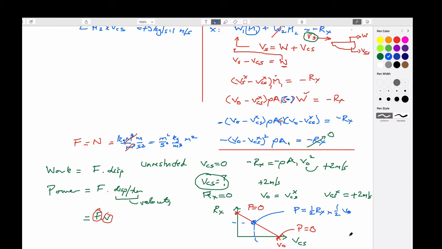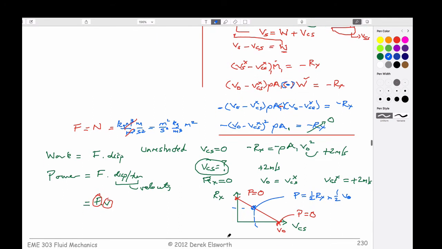Something like a quarter times the product of those two. And if you plotted, I'm running out of space, power versus velocity, it would look something like this, because of this, and this, and this. So it's important. In other words, you have to resist force to be able to get useful work out of it. Okay?